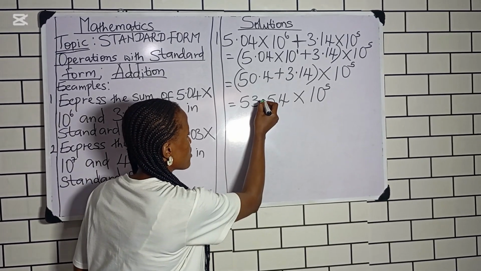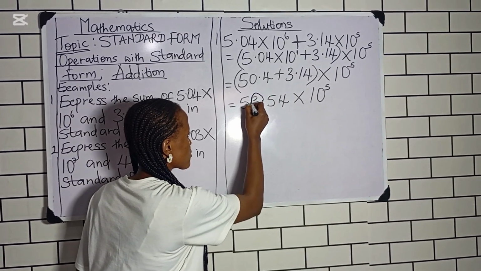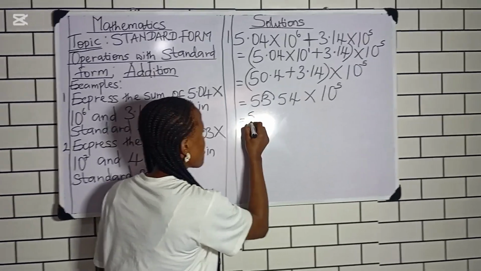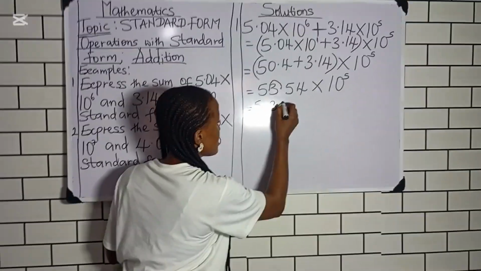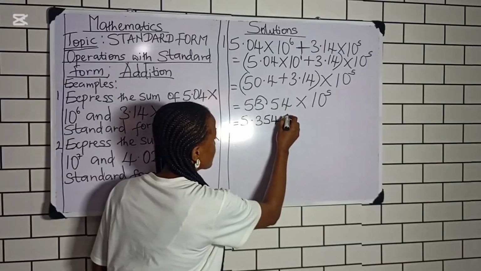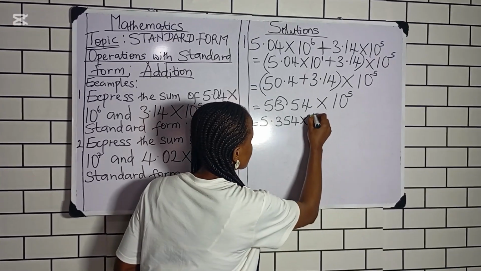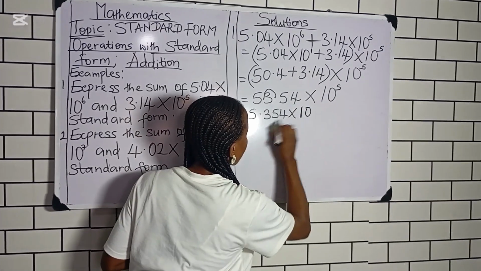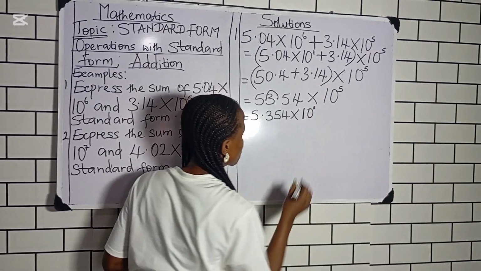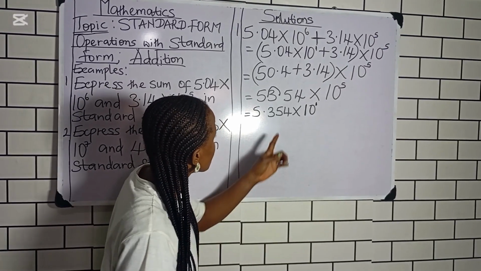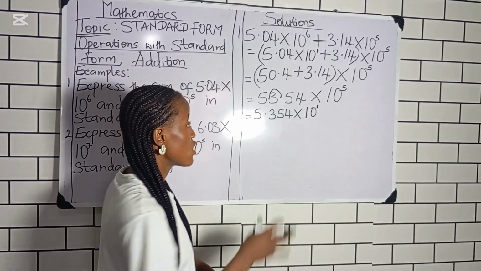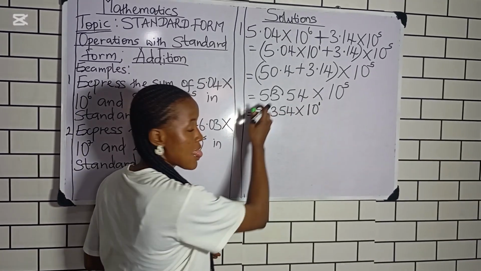This is our decimal point. You count 1. Then this will give us 5.354 times 10 raised to power 1, because you move your decimal point from the right side to the left.